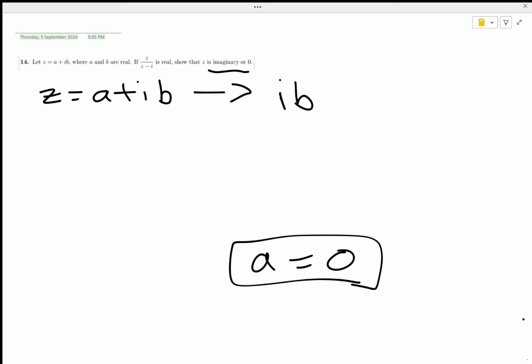So we can write the conclusion like this. This pen is not working.